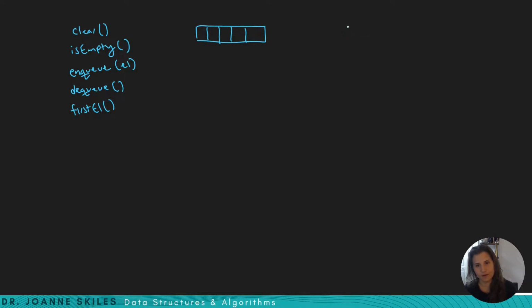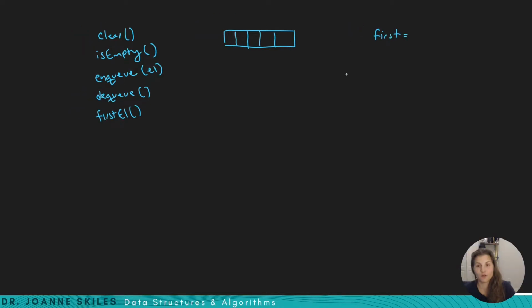So I'm going to write here first, and first is equal to -1. And last will also be equal to -1. And that's because our queue is empty. So at this point, since our queue is empty, our first and last index point to -1, which means that there's nothing in the queue.